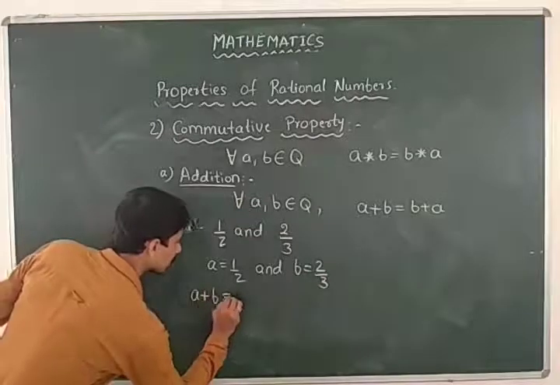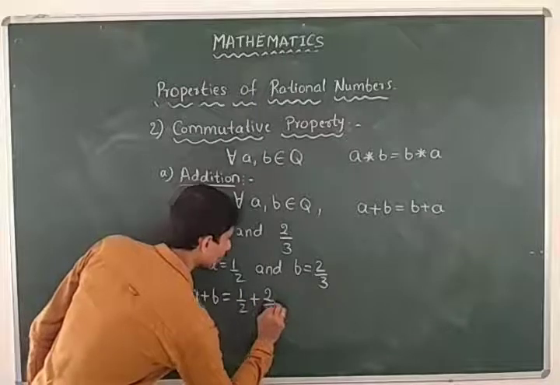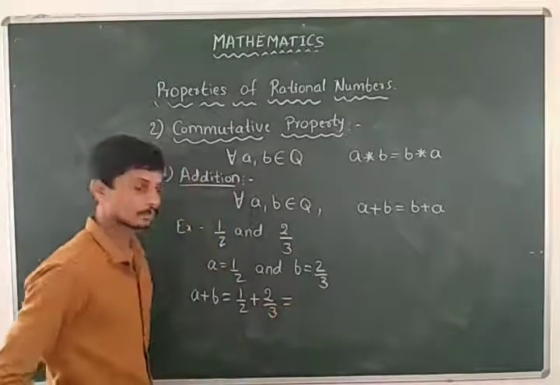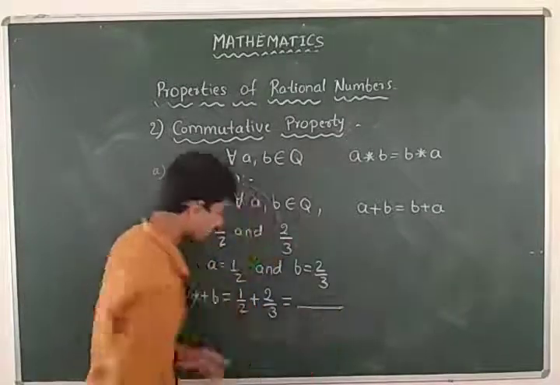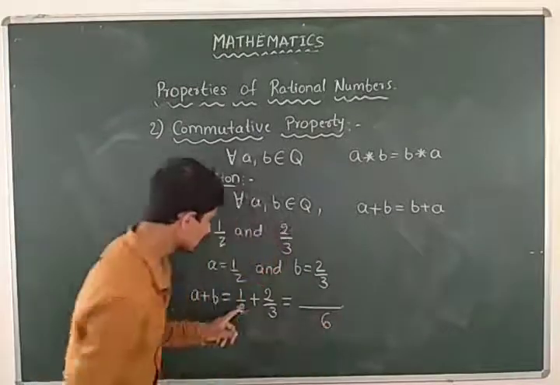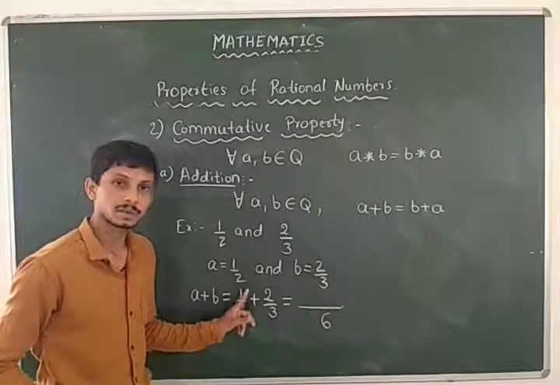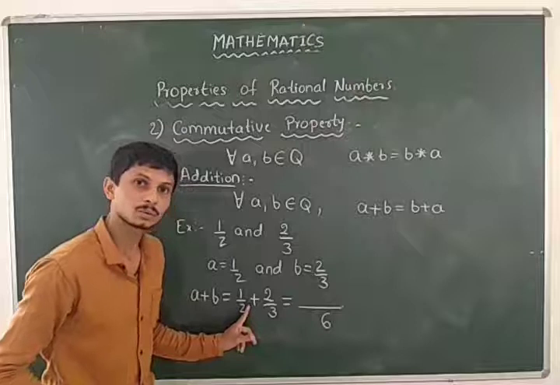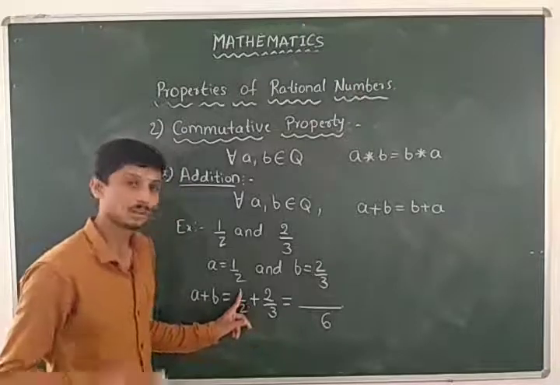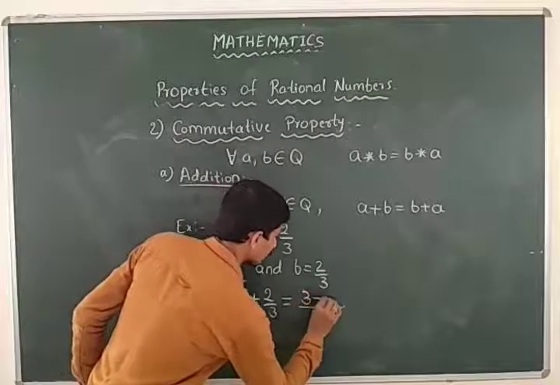Let us perform a plus b, which is 1 by 2 plus 2 by 3. We have to take the LCM of these two numbers, and 6 is the LCM. For getting 6 here, we multiply this 2 with 3, and the 1 also with 3, so 1 into 3 is 3 plus.